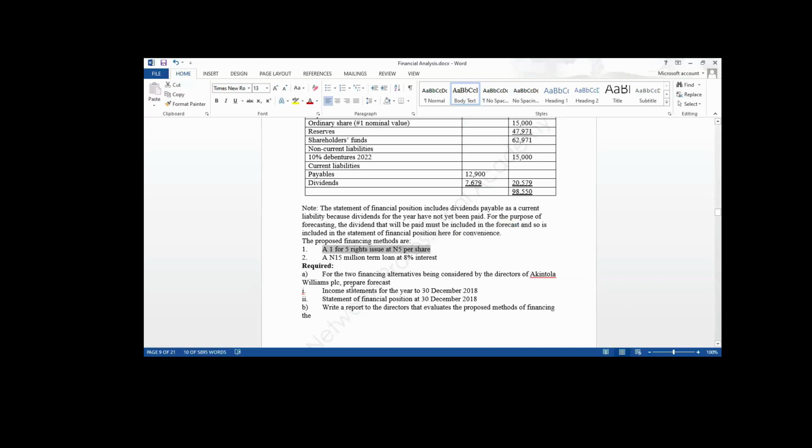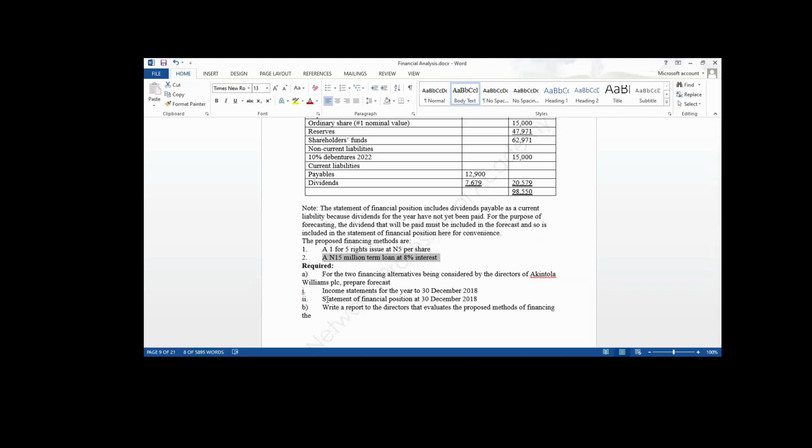You are going to prepare an income statement if the project is financed by a 15 million naira loan, debt finance. When you are done, you also prepare a statement of financial position.